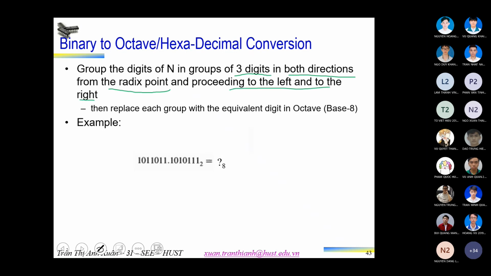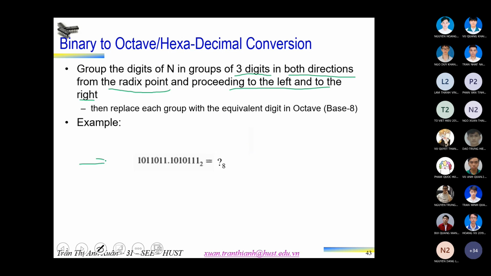We process to the left for the integer part, and to the right from the radix point for the fraction part. And then we replace each group with the equivalent digit in octal or hexa.